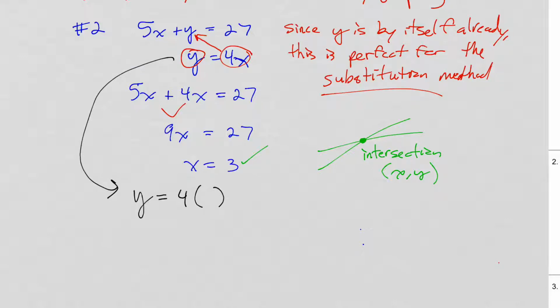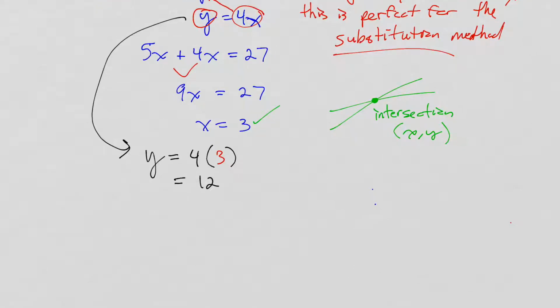So we just put the 3 right in here, and we get 12. Therefore, our point of intersection would be (3, 12).